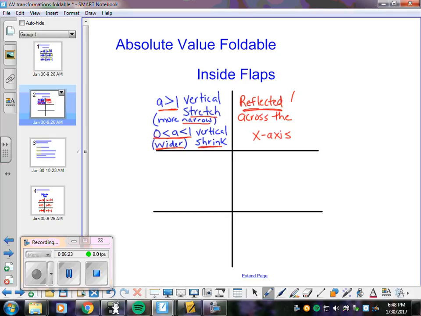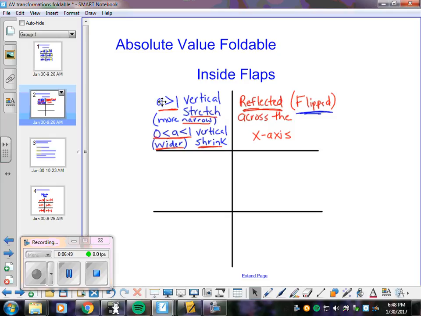Reflected or flipped, as we call it. So reflected across the x-axis or flipped. When you multiply by a negative, it's reflected across the x-axis or flipped. So that's your two top inside flaps.